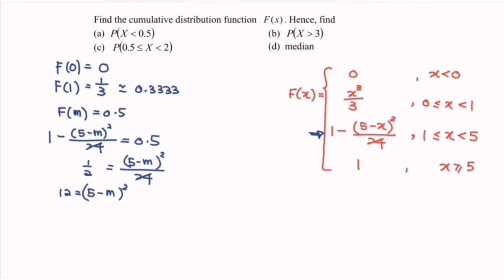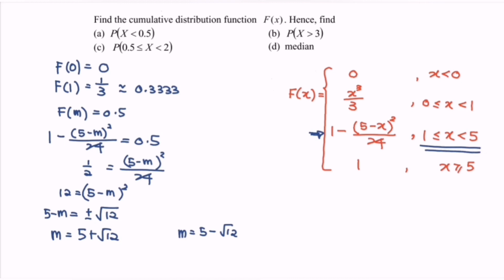So simplify the situation. 5 minus m is equal to plus or minus square root of 12. So m will be equal to 5 plus square root of 12, or m is equal to 5 minus square root of 12. So kindly refer to the number line where we have 1 until 5.